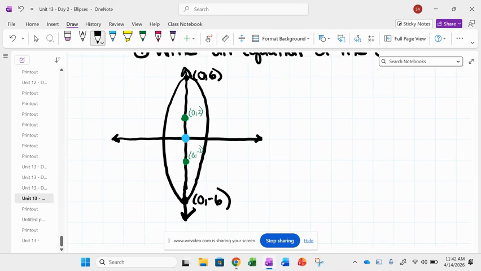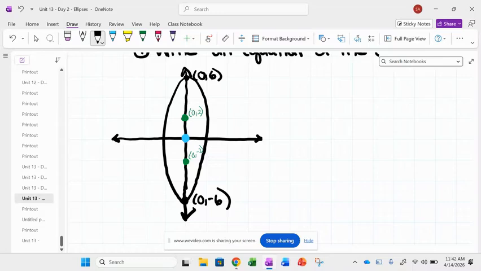So the first thing we need to do is decide what kind of ellipse I am dealing with. Am I dealing with a vertical ellipse or a horizontal ellipse? And we don't go by the fact that it looks tall and skinny because I might not have drawn this to scale, right? But what I do have to go by is that, remember, the foci are always on the major axis. So because the foci are on the y, that means this has to be a vertical ellipse.